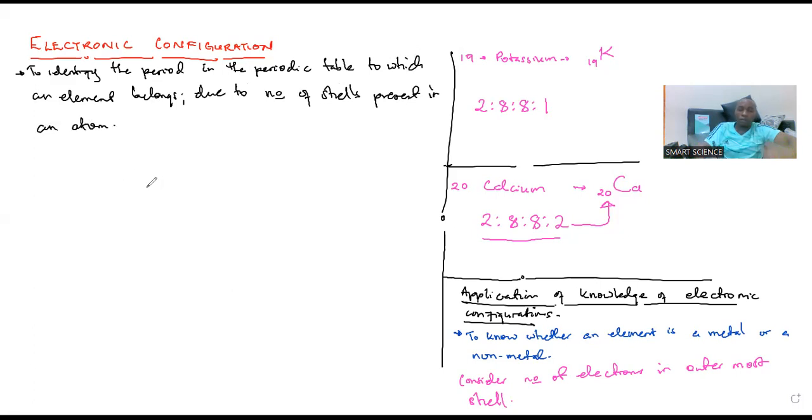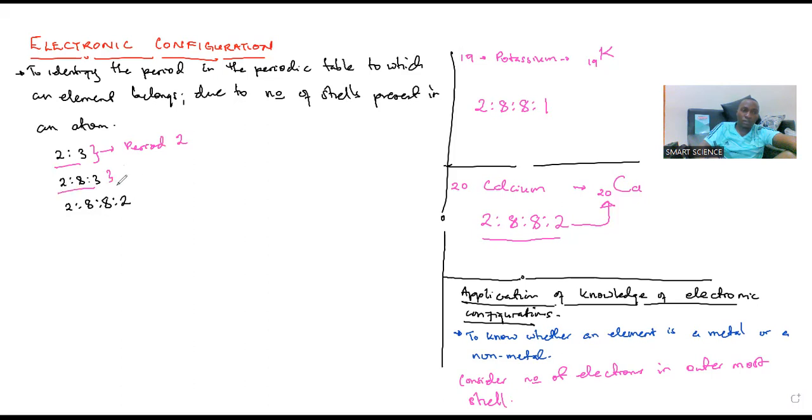For example, if I write these electron configurations 2, 3, 2, 8, 3, and 2, 8, 8, 2, you're going to find out that because this one has only 2 shells, it belongs to period 2.